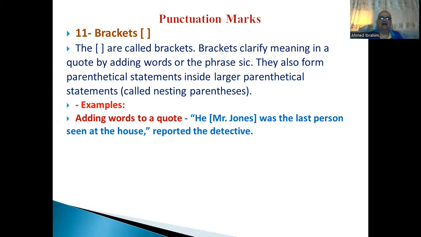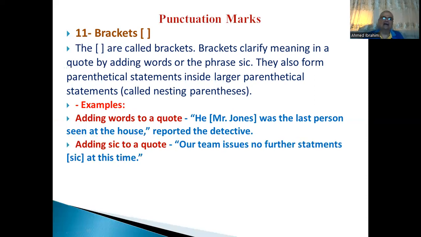Examples. Adding words to a quote: "He [Mr. Jones] was the last person seen at the house," reported the detective. Adding sic to a quote: "Our team issues no further statements [sic] at this time."